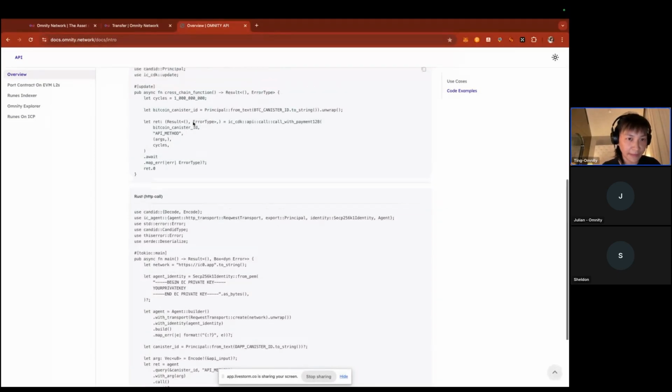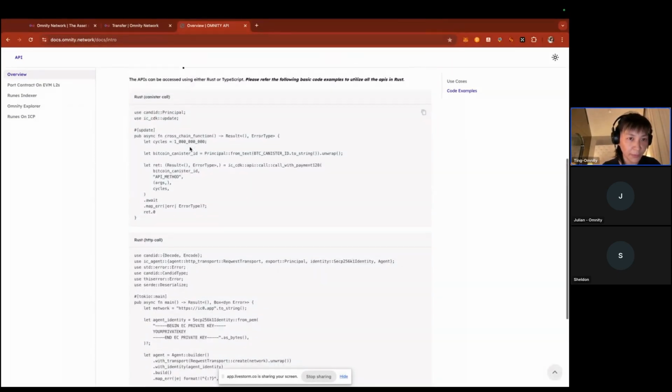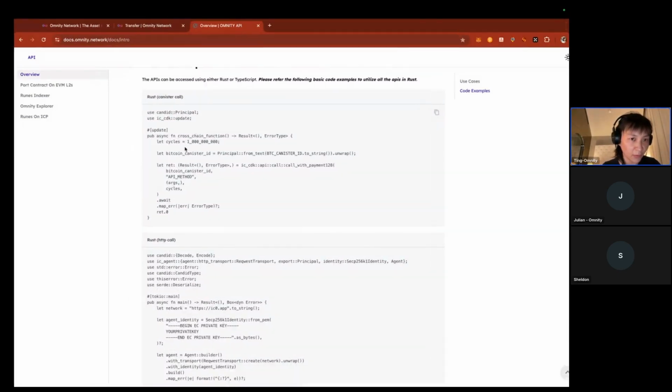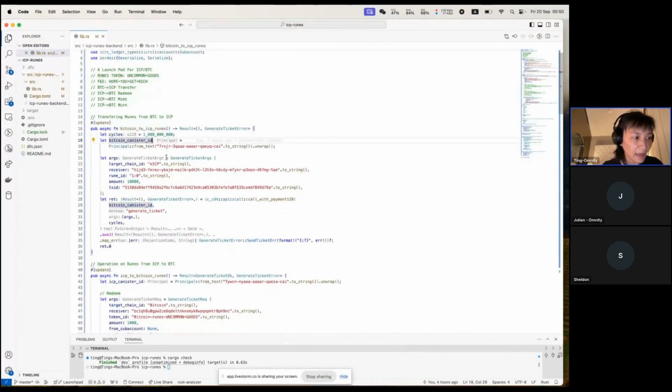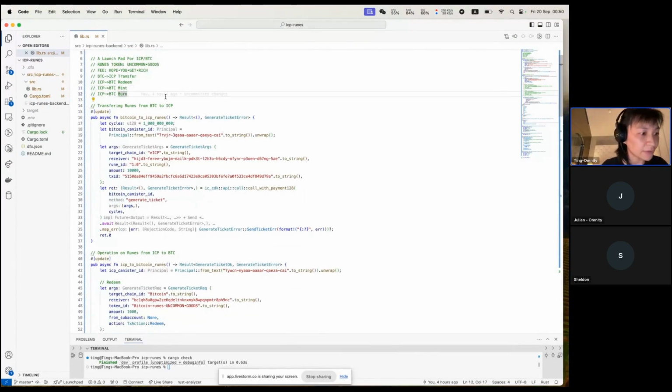At this point we will be using this canister code, and our first action will be transferring Runes from BTC to ICP. Here we would like to transfer some UNCOMMON GOODS from BTC to ICP.